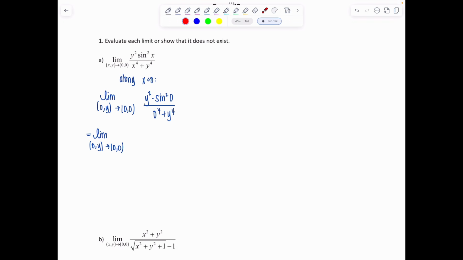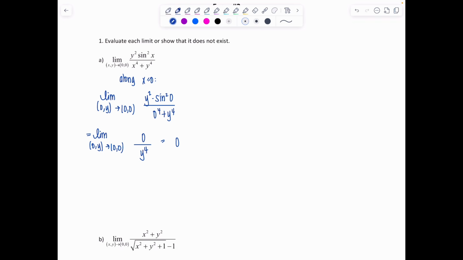Don't try to take the limit. Sine squared of 0 is 0, times anything is going to be 0, over 0 to the 4th plus y to the 4th, that's just y to the 4th. Again, simplify. 0 over y to the 4th is just going to be 0, which is a constant, and the limit of a constant is itself. Okay, so that's the limit along x equals 0.